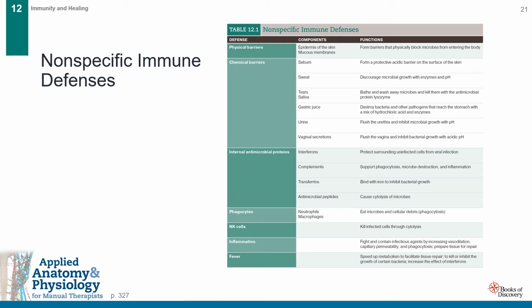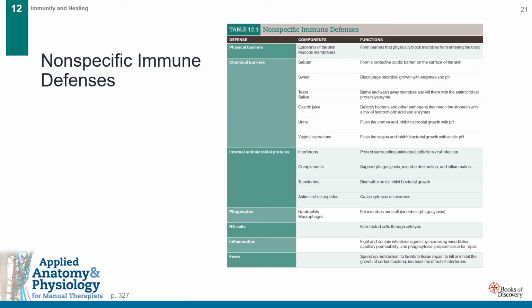gastric juice, which destroys bacteria and other pathogens that reach the stomach with a mix of hydrochloric acid and enzymes, urine, which flushes the urethra and inhibits microbial growth with pH, and vaginal secretions. They flush the vagina and inhibit bacterial growth with acidic pH. The next barrier is internal antimicrobial proteins.